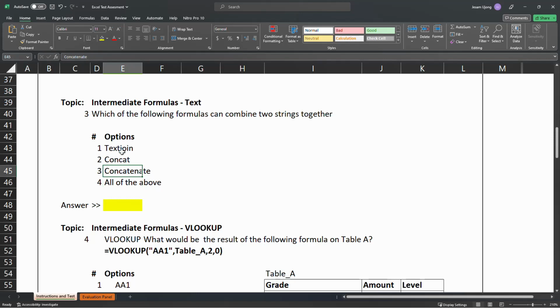What? Look again. CONCATENATE, TEXTJOIN, all of the above. I don't know any function called all of the above. Okay, I'm going to go for the majority. Any other person giving an answer? One, two, three. So we have the majority with 4 votes on all of the above. So I'd go for 4.